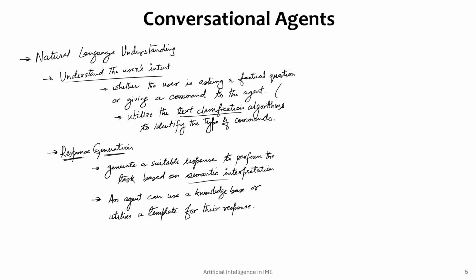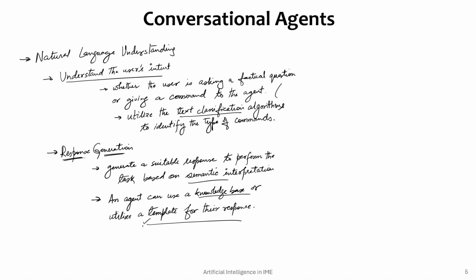So if your command is just a factual question, then it can utilize a knowledge base from the internet, or if the response is some kind of like asking for the weather conditions, then it can utilize a template where it will only have to fill what is the current temperature or the conditions outside, and utilize a single string which it needs to repeat through its speaker, right? So that is where a template can be very useful.